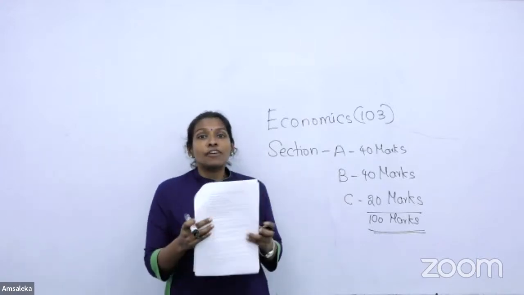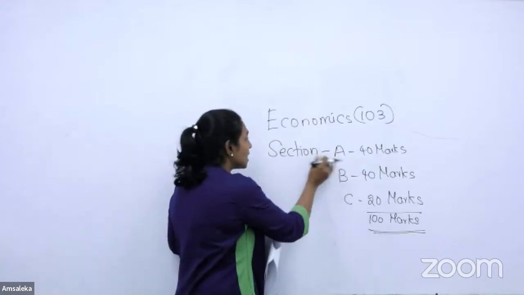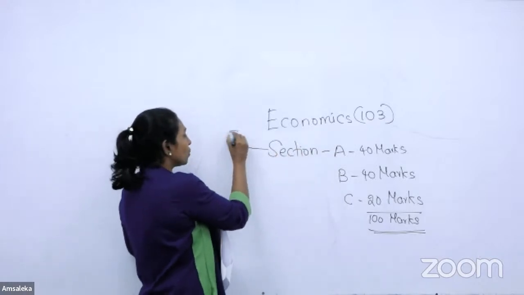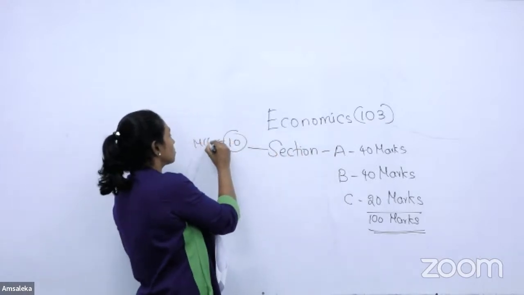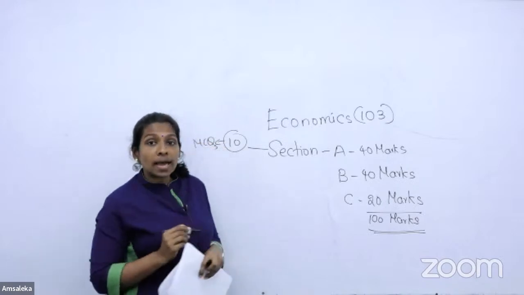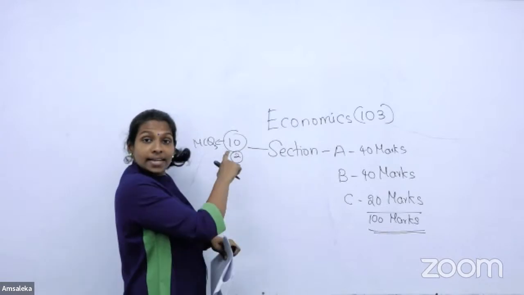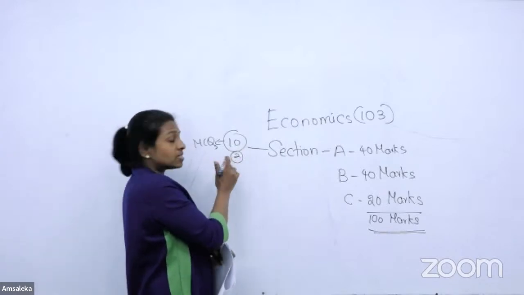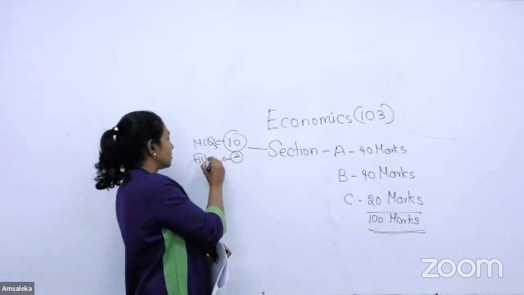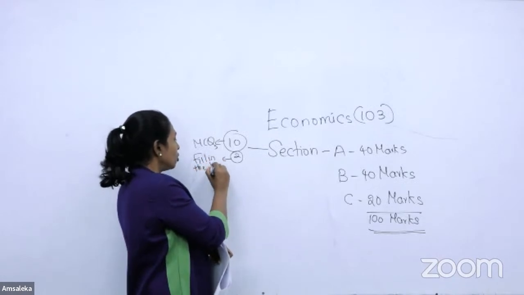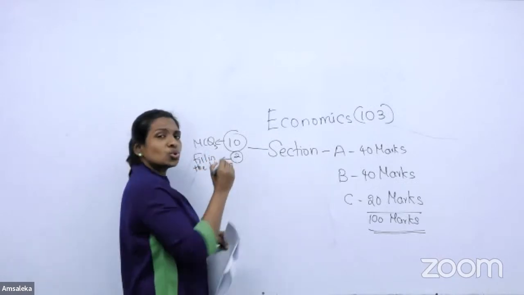So the first 10 questions are MCQs, and after these 10 you can see the other 2 are fill in the blanks. Only 2 questions are given.